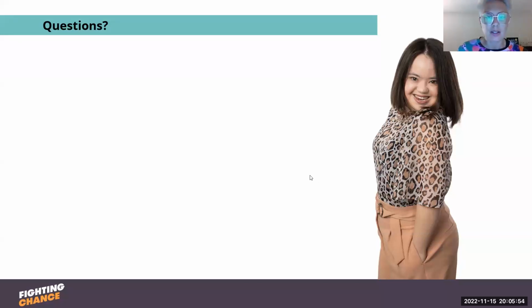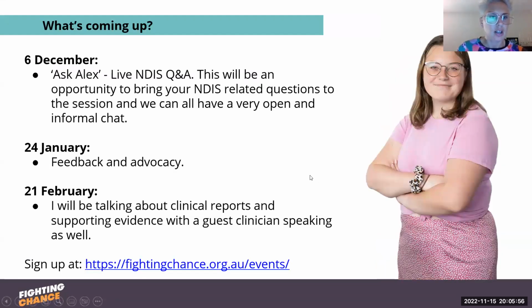So that is in December, and then in January we're going to do, I'm just going to tell you the dates. 6th of December, we're going to do the Q&A, and then 24th of January, I'm going to do an education session on feedback and advocacy in the NDIS space, because it can obviously be quite confusing.